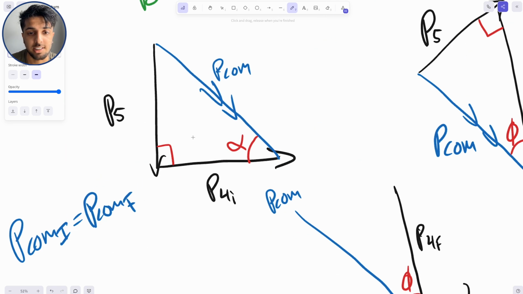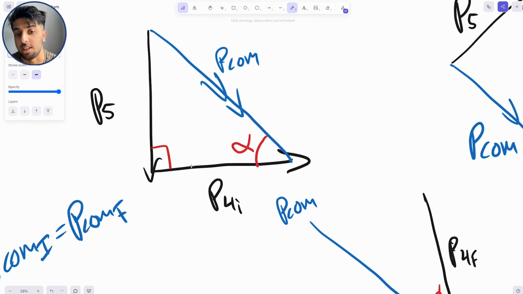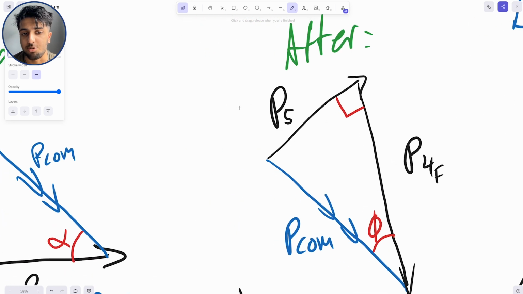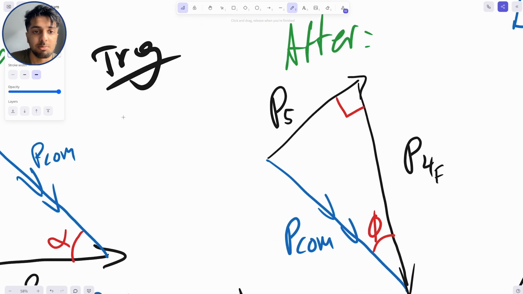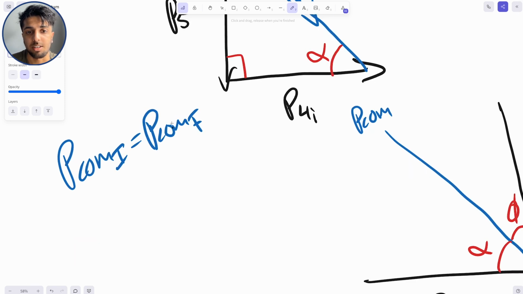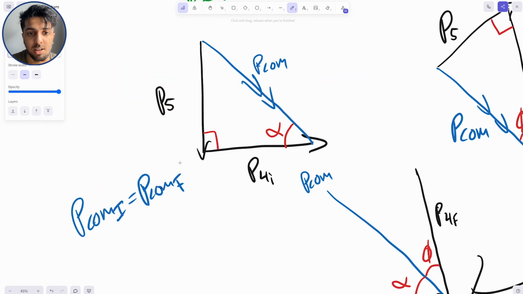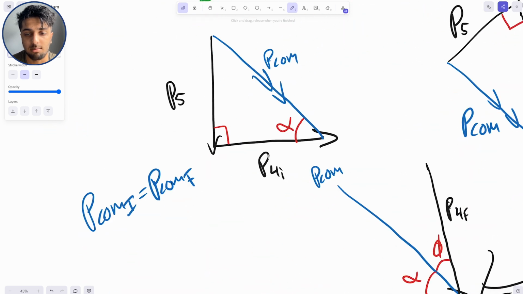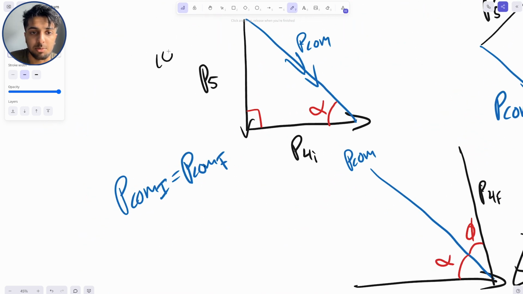If we know that, we can calculate alpha pretty easily because this is, again, a right angle triangle, and we can calculate phi pretty easily because it's a right angle triangle using our trig. Right? So calculating alpha, we can get P5 initially, which was 10 kg meters per second.